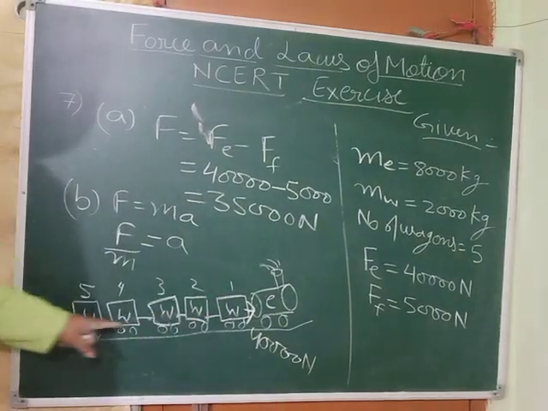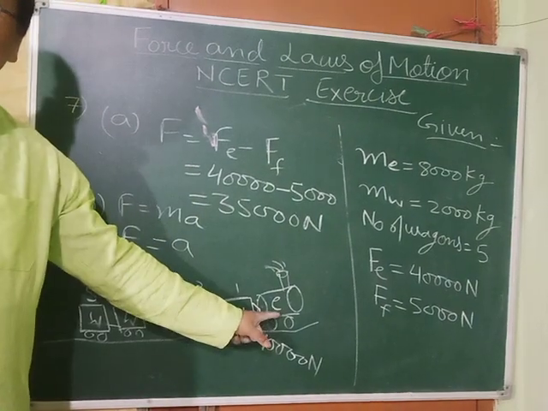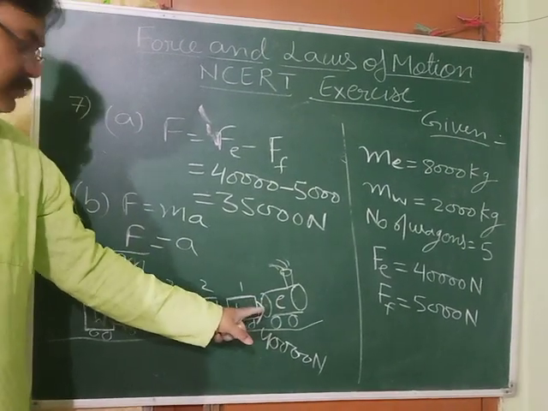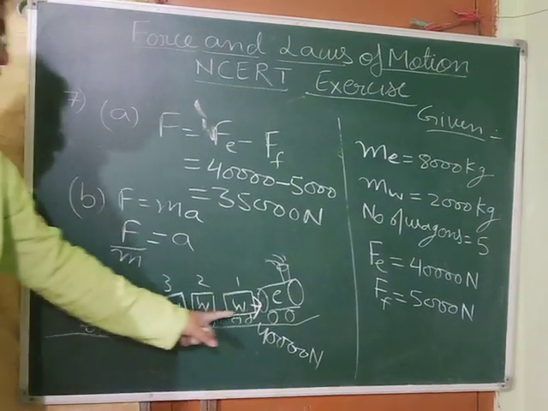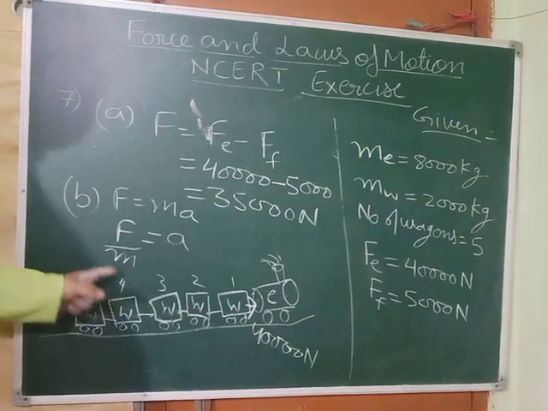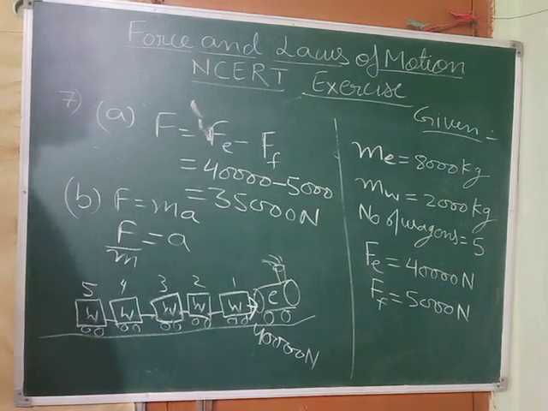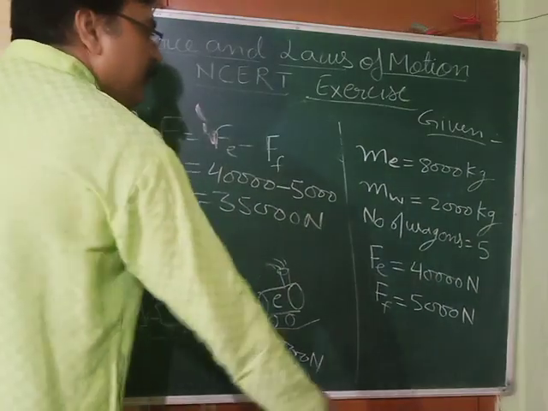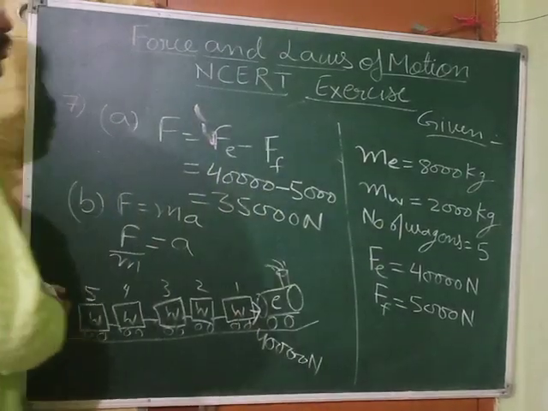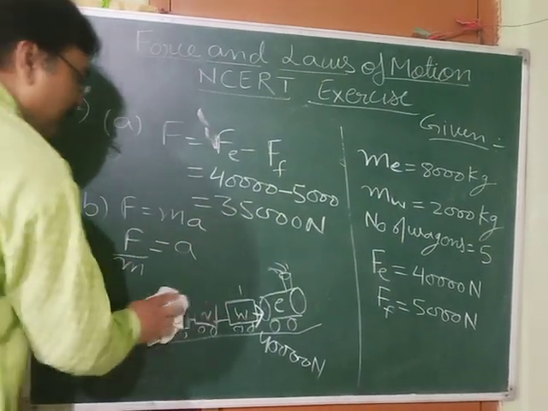It is acting on the wagon part, not including the engine, because the engine has applied this force. So this force of 35,000 Newton is acting on the wagons. So here you have to take the mass of the wagons. How many wagons are there? 5. The mass of each wagon is 2,000 kg. So mass of 5 wagons is how much?